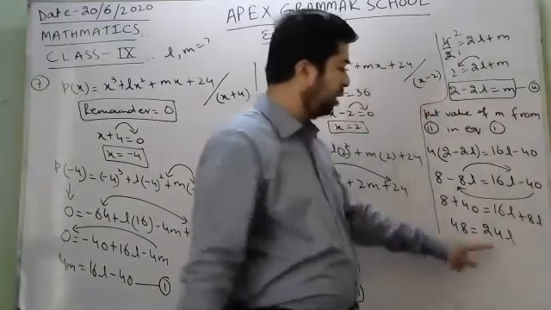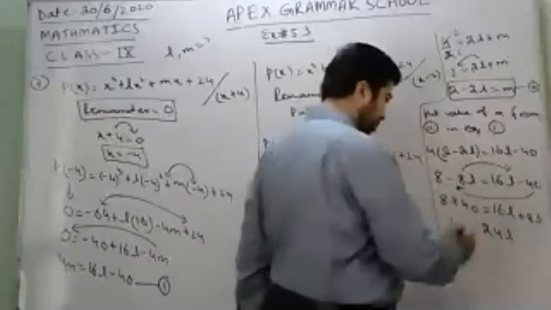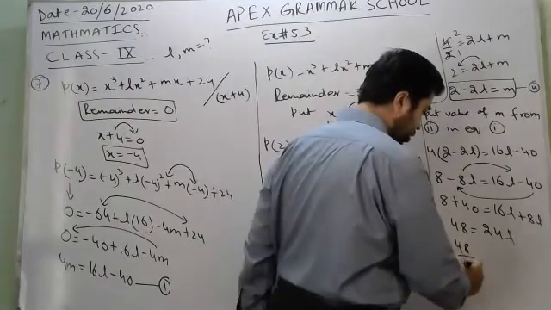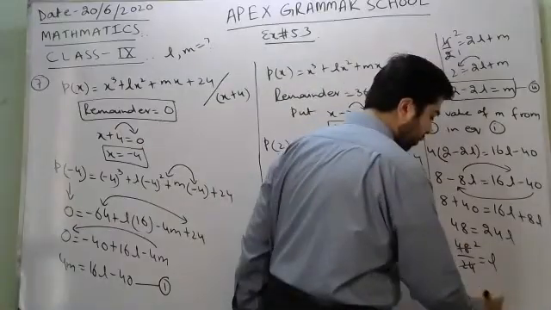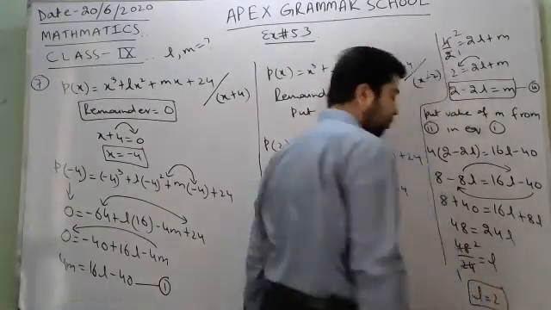This 24 is multiplying, so it goes to divide there. So 48 divided by 24 is equal to L. 24 ones and 24 twos. So the value of L is 2.